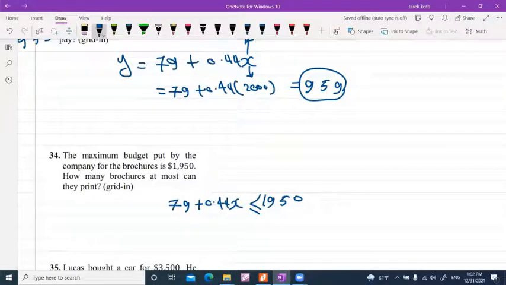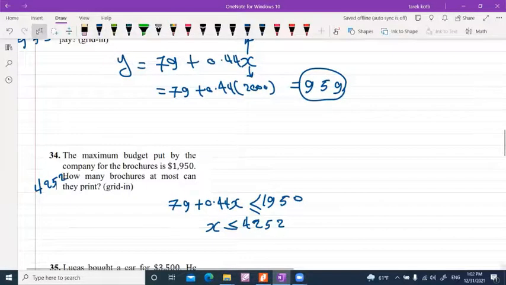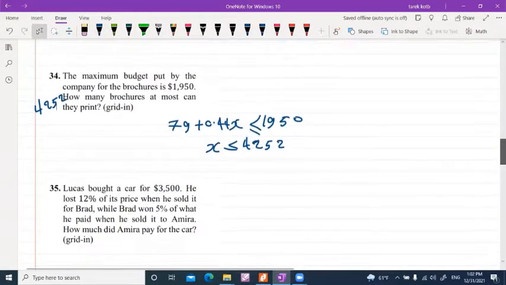If you solve this inequality, put it as an equation in the calculator and shift solve, you will get x equal to or less than this number, 4252. So here he is asking how many brochures. It could be this number, 4252. This is the maximum they can print with a budget of 1950.